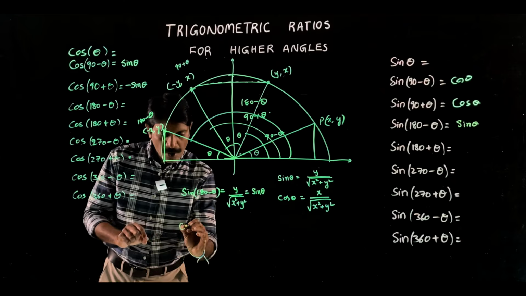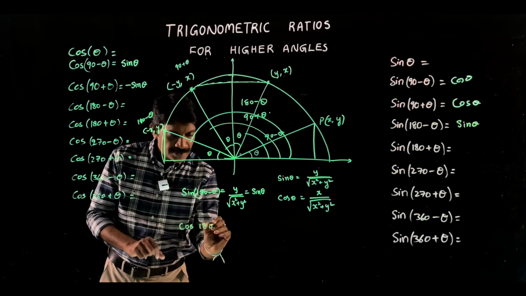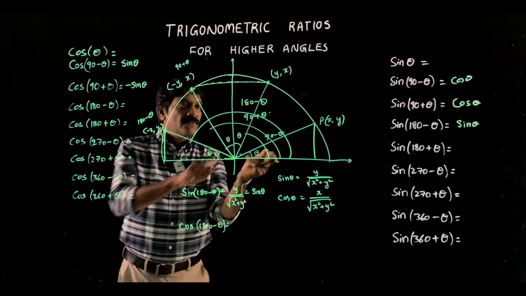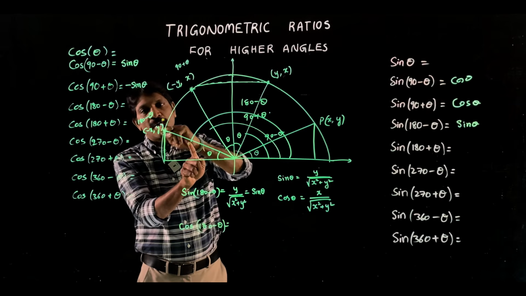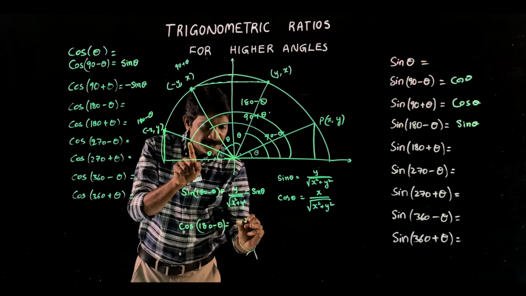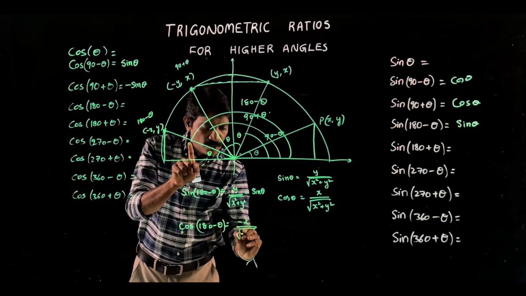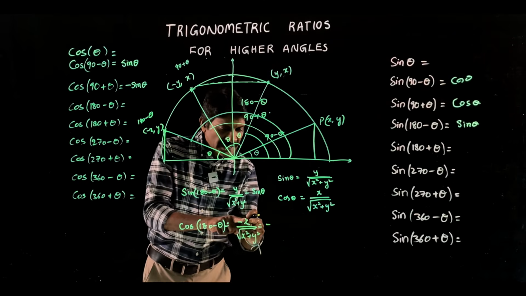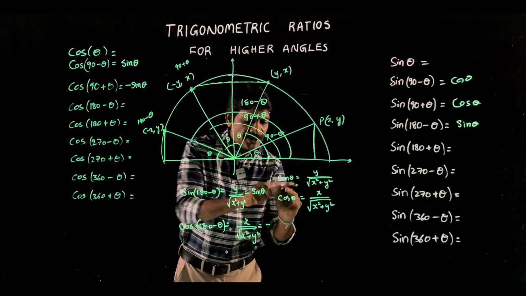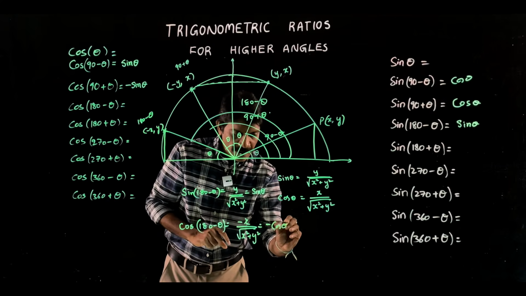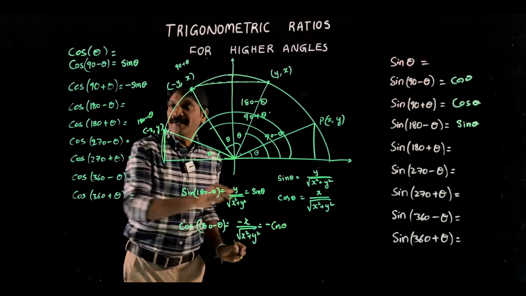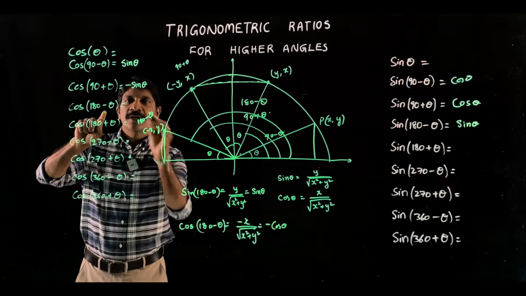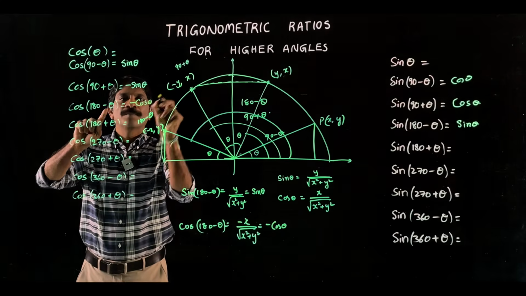Similarly, cos 180 minus theta. For 180 minus theta, the cos value will be minus x by root x square plus y square, and minus x by root of x square plus y square is minus cos theta. Therefore, cos 180 minus theta is minus cos theta.